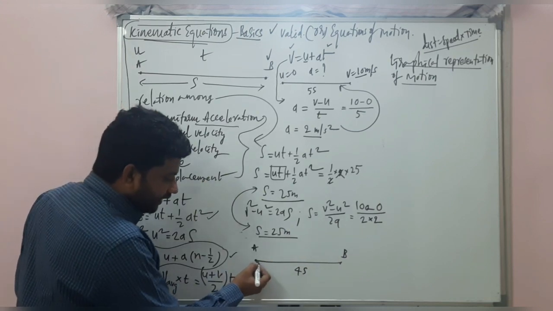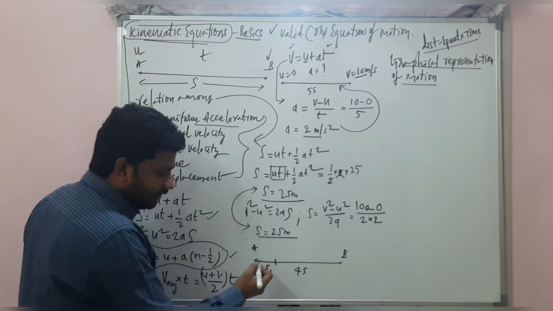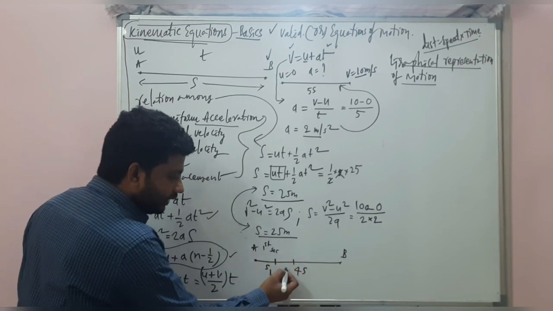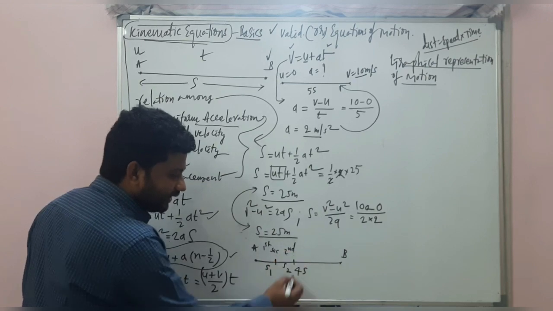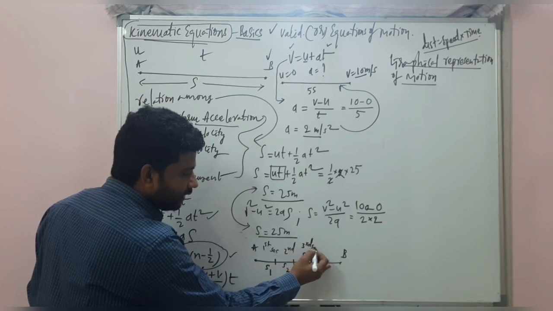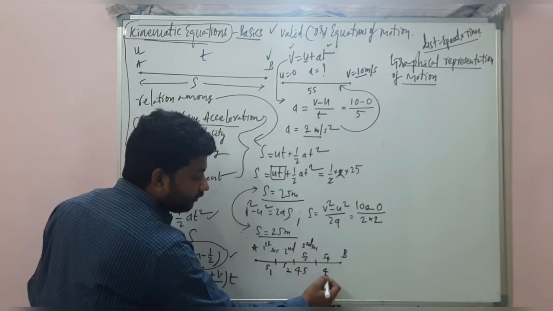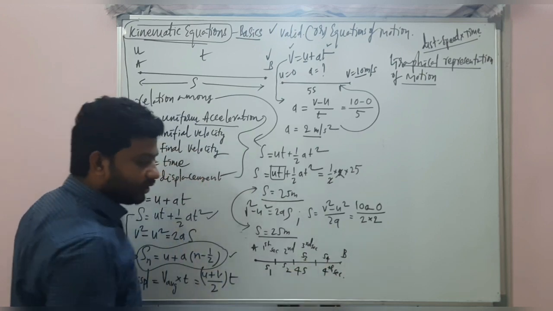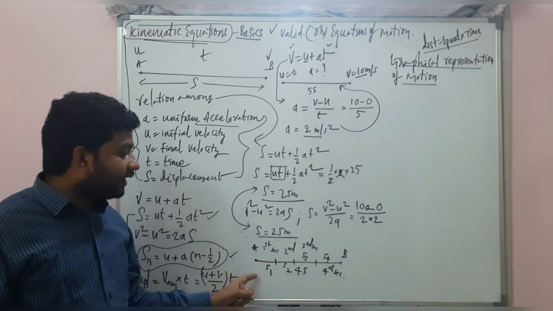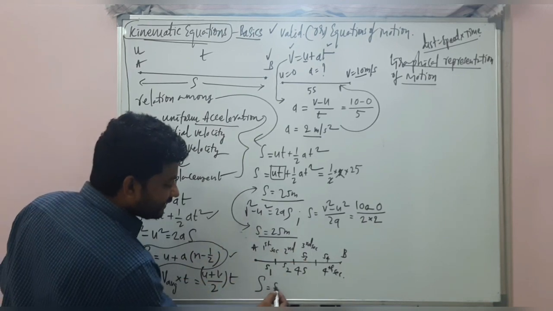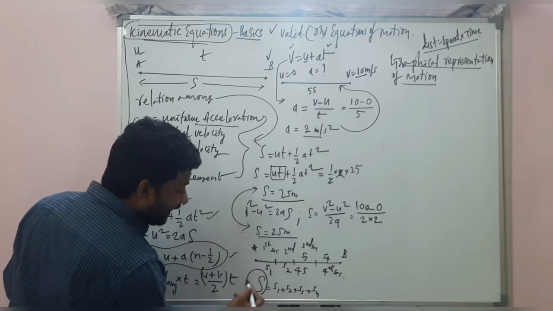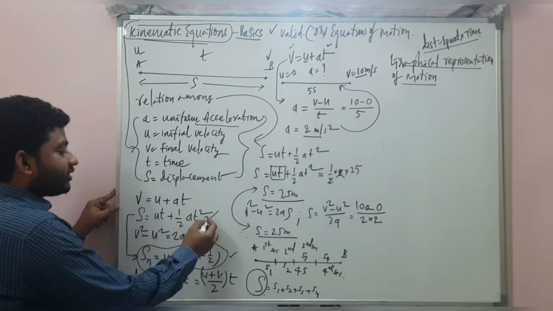That means it covered a distance S1 in the first second, a distance S2 in the second second, a distance S3 in the third second, a distance S4 in the fourth second. Did you understand, my dear students? The total distance travelled in 4 seconds will be S, which is S1 plus S2 plus S3 plus S4, and that S is ut plus half at square.